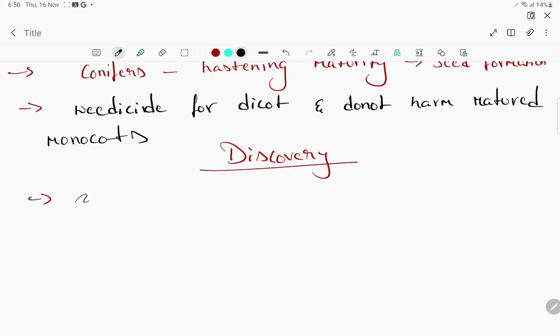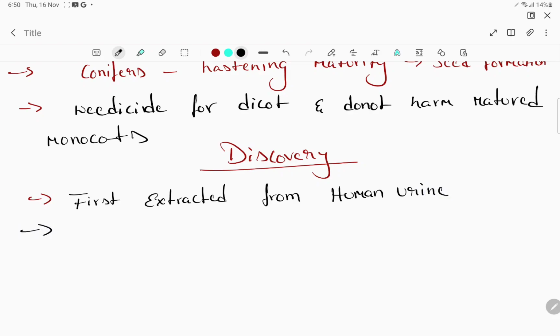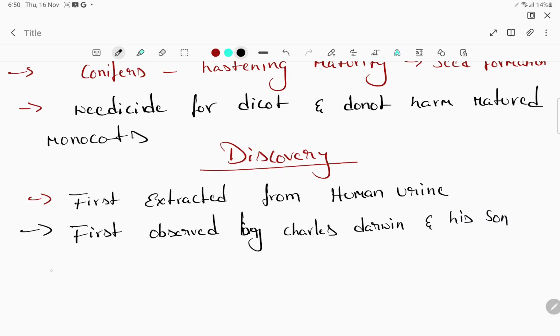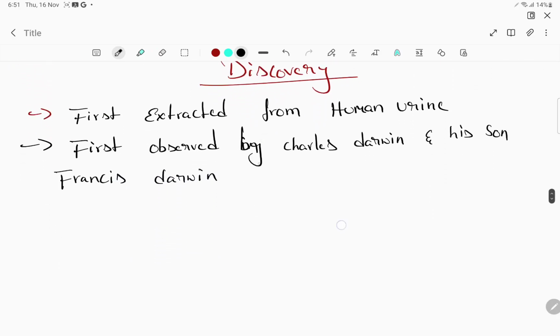Auxins were first extracted from human urine, first observed by Charles Darwin and his son Francis Darwin in coleoptiles of canary grass.